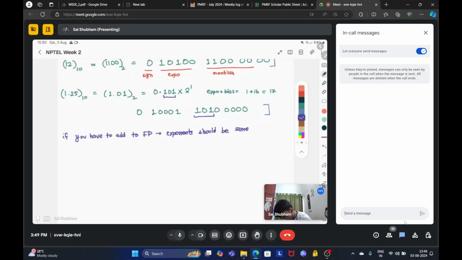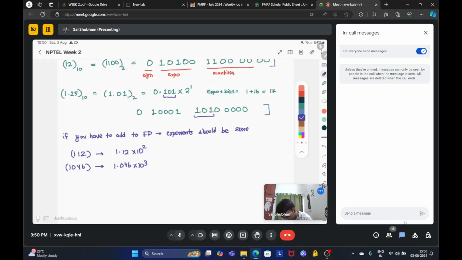I can show you the reason. For example, if I have the number 112, and I am representing it as 1.12 into 10 square. Another number I have is 1046, which I can represent as 1.046 into 10 power 3.